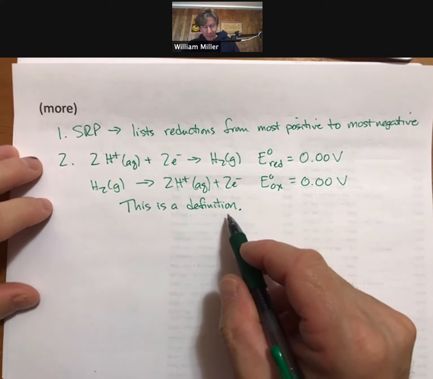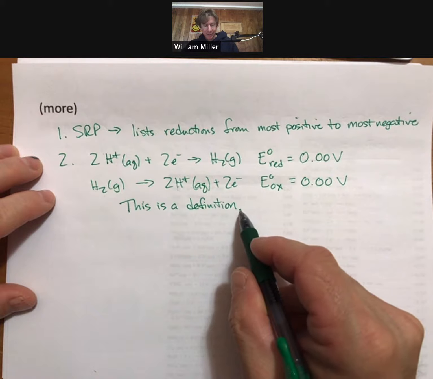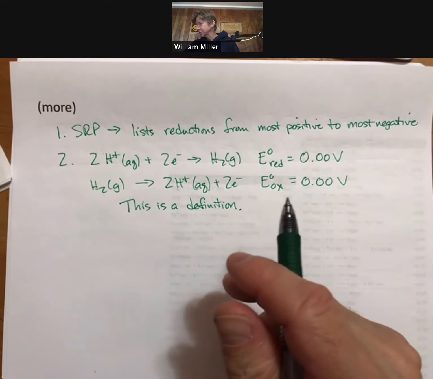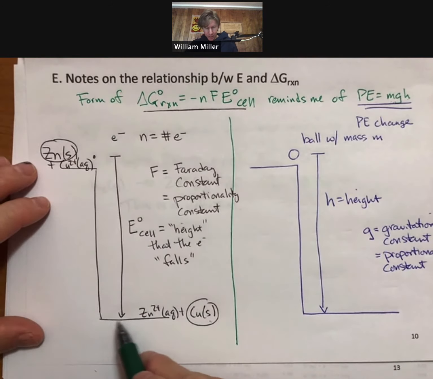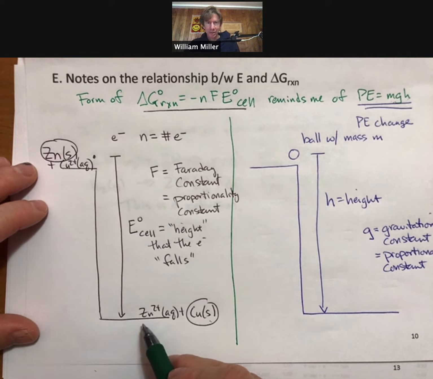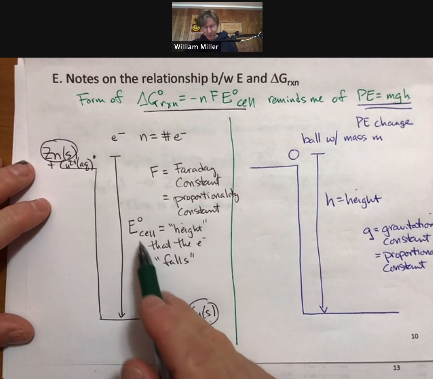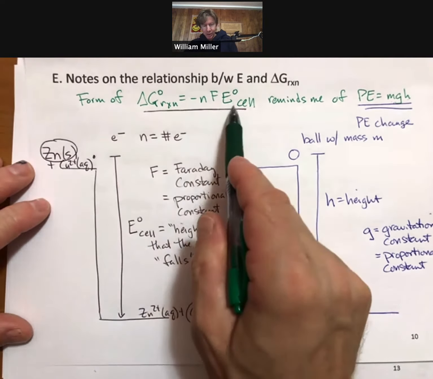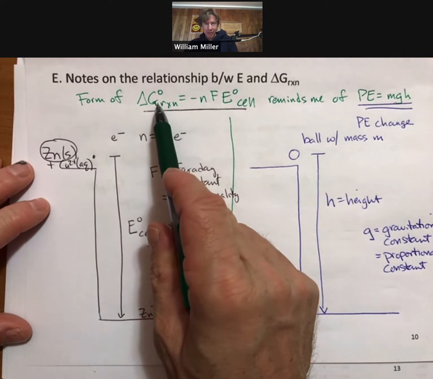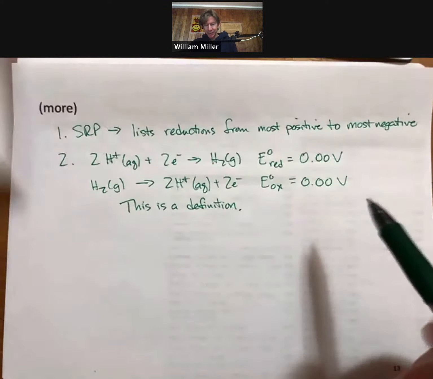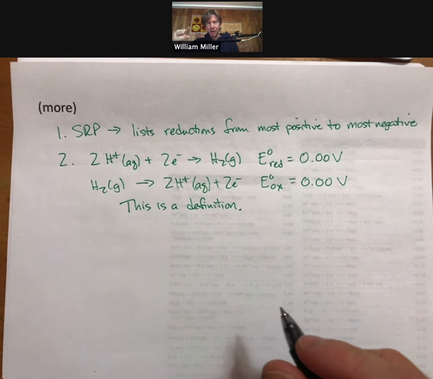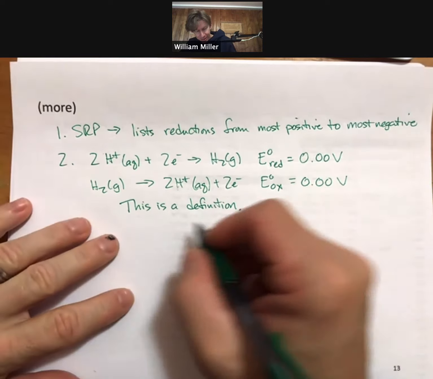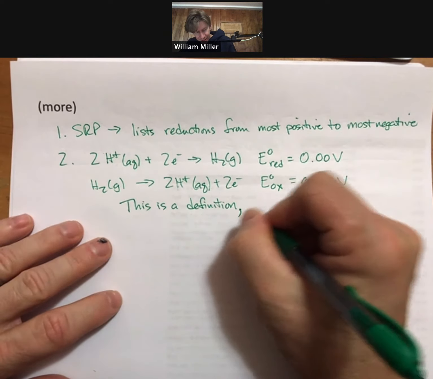This is still a definition, but this definition allows us to establish one of the grounds, because there are no absolute cell potentials, just like there are no absolute delta G values. And so this definition allows us to scale the heights of all the other cliffs. So this is a definition, a reference point.